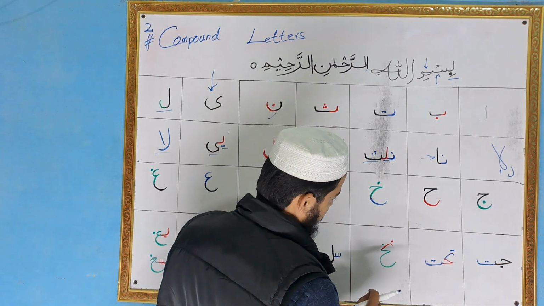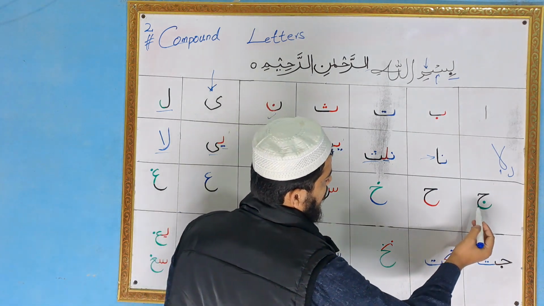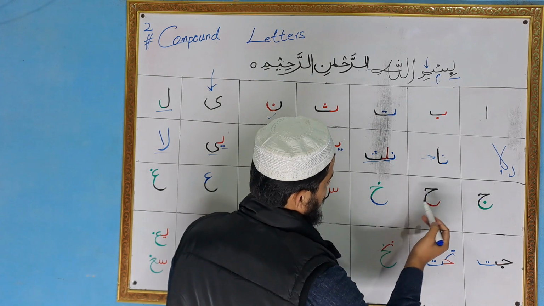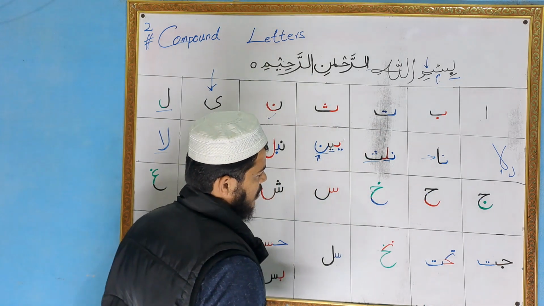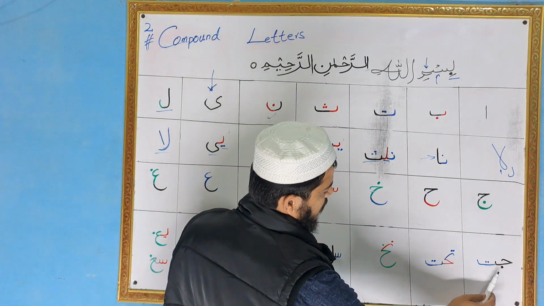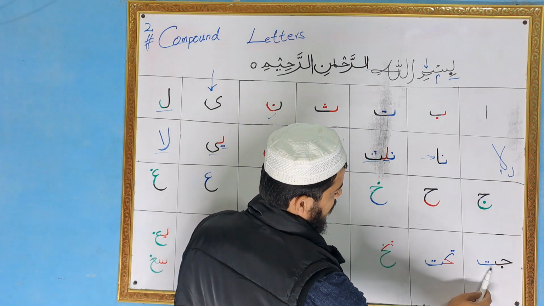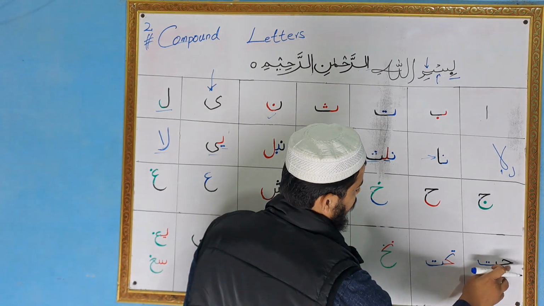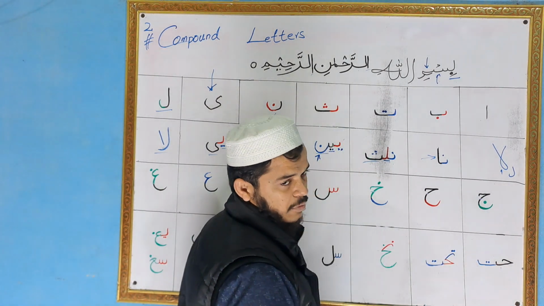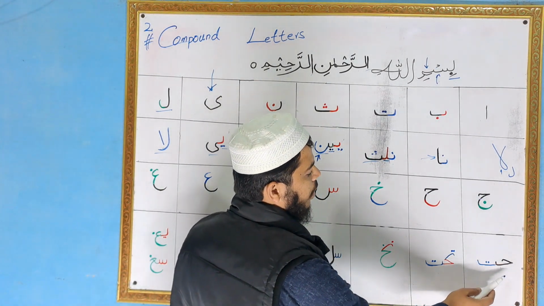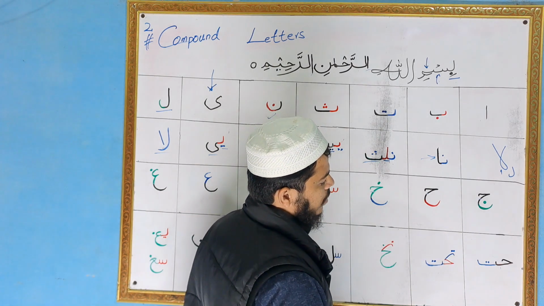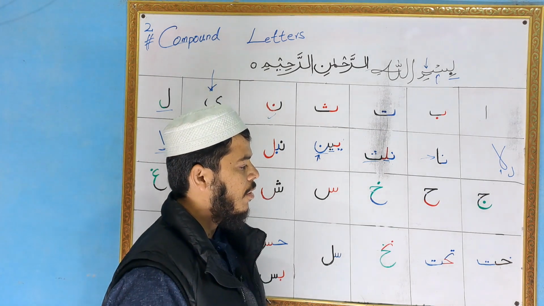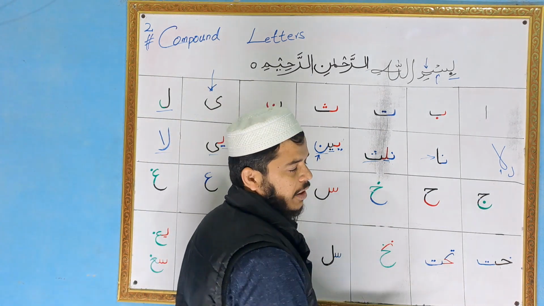So when it's in connected form, this half of the shape will be used. You can see here, this is jim, ta. If I remove this dot, what will it become? Ha, ta. If I put one dot on top, now it will become kha, ta.